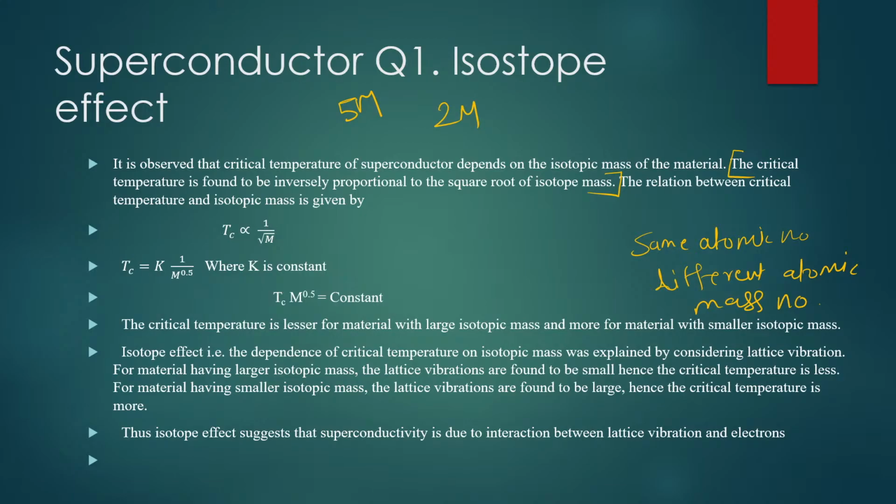As we know, for different isotopes the critical temperatures are different. So Tc, the critical temperature, is directly proportional to 1 upon the square root of m, and that is the case.